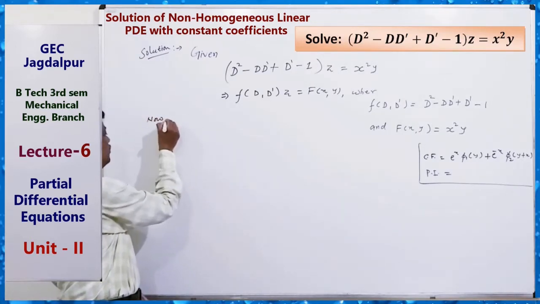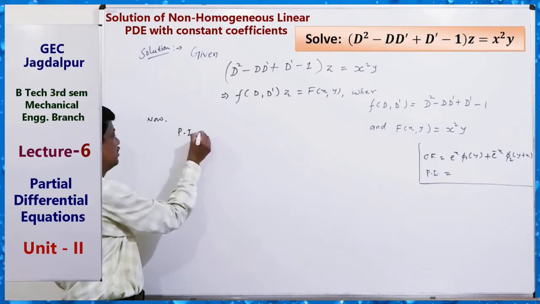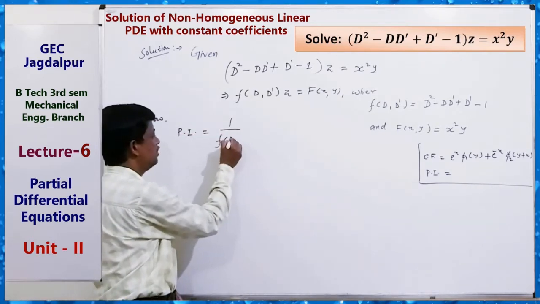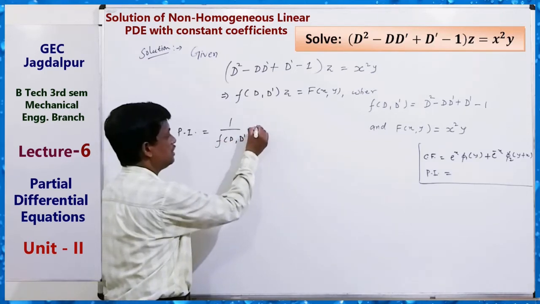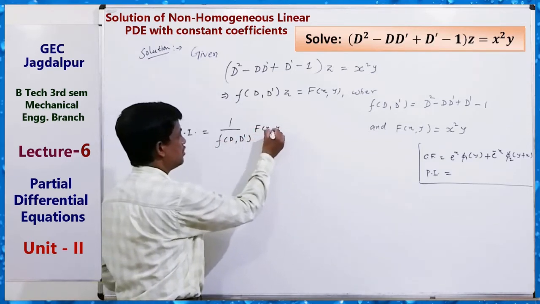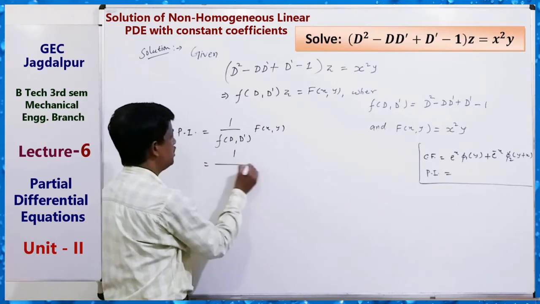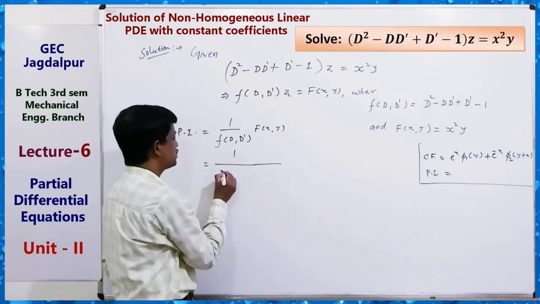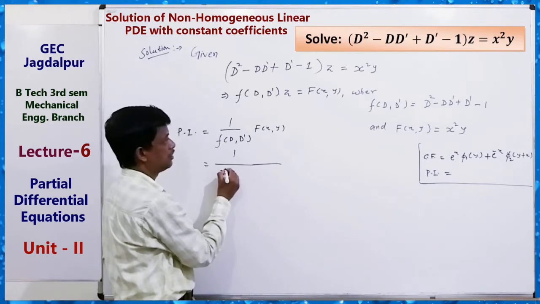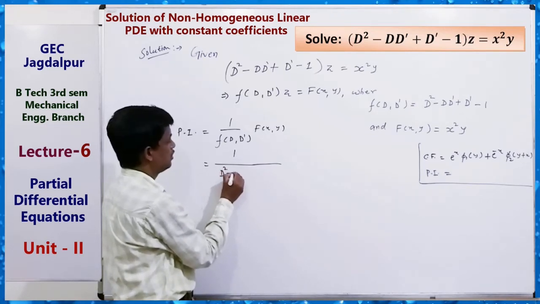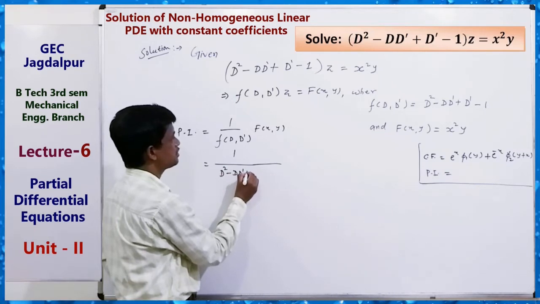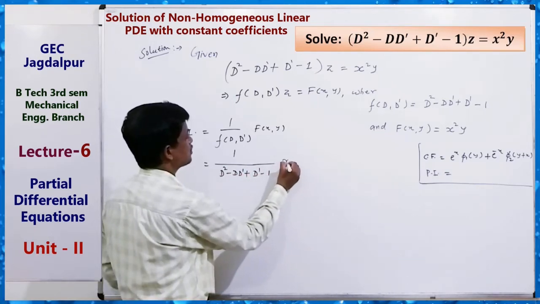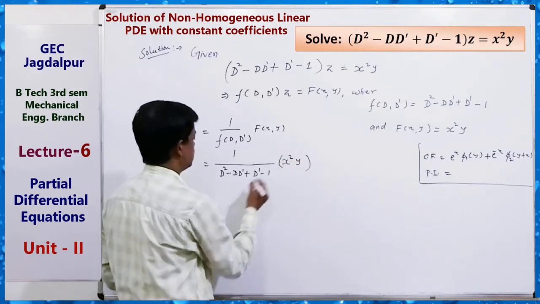Now PI equals 1 upon f(d, d dash), here f(x,y), that is 1 upon d square minus dd dash plus d dash minus 1, of x square y.